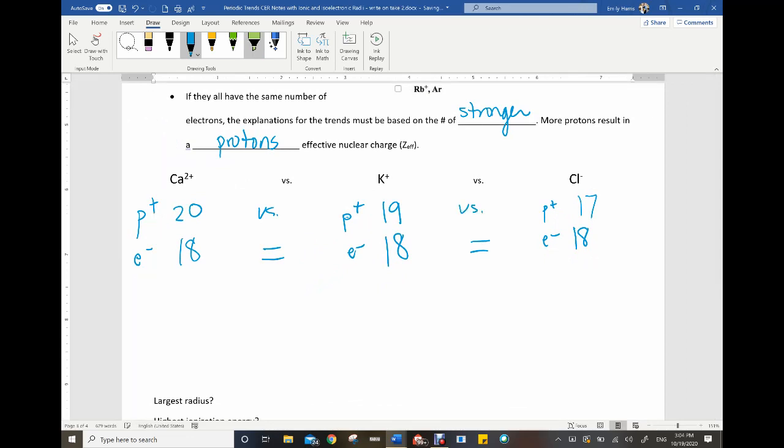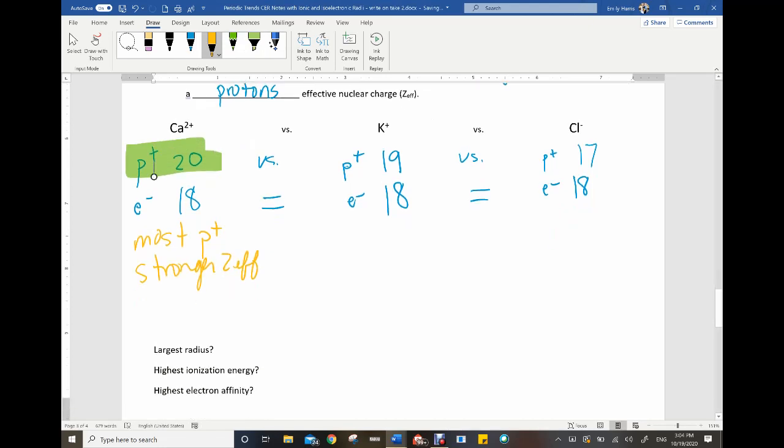So what we're looking for is whoever has the most protons per the same number of electrons. So in this case, calcium has the most protons, which is going to lead to the stronger effective nuclear charge. Chlorine has the least number of protons in this case, which is going to lead to the weaker effective nuclear charge.